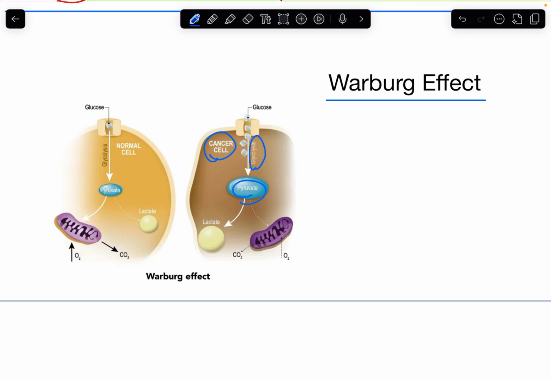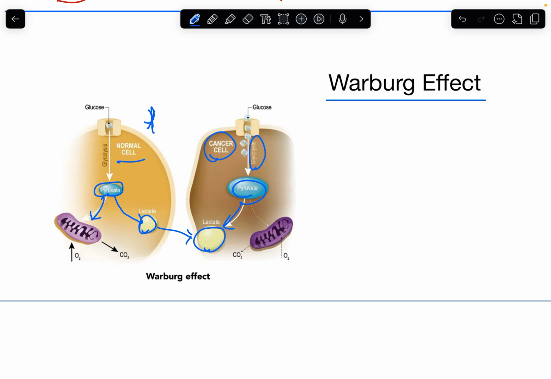It creates a lot of pyruvate, which then creates lactate as a byproduct. And as we can see from this normal cell over here, we're going to generate a normal amount of pyruvate. It's going to go to the mitochondria to produce more ATP. And then there's lactate still, but not nearly as much as in the Warburg effect in the cancerous cell, right?